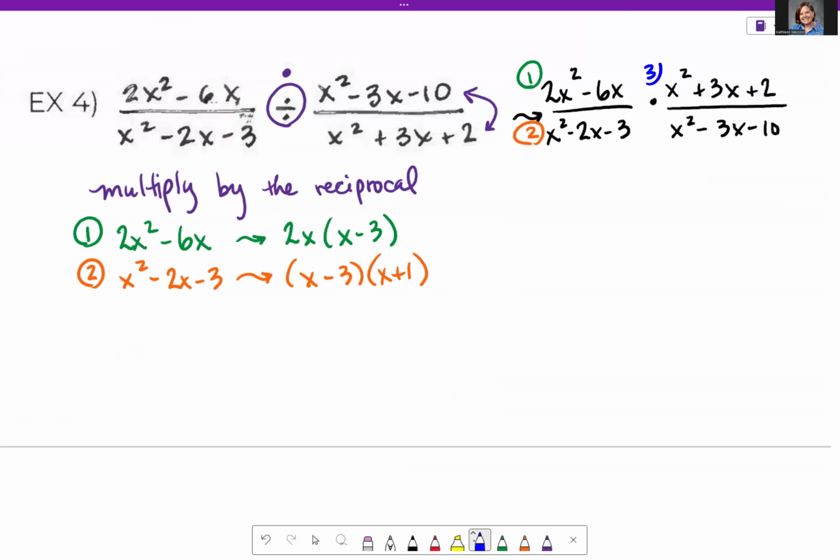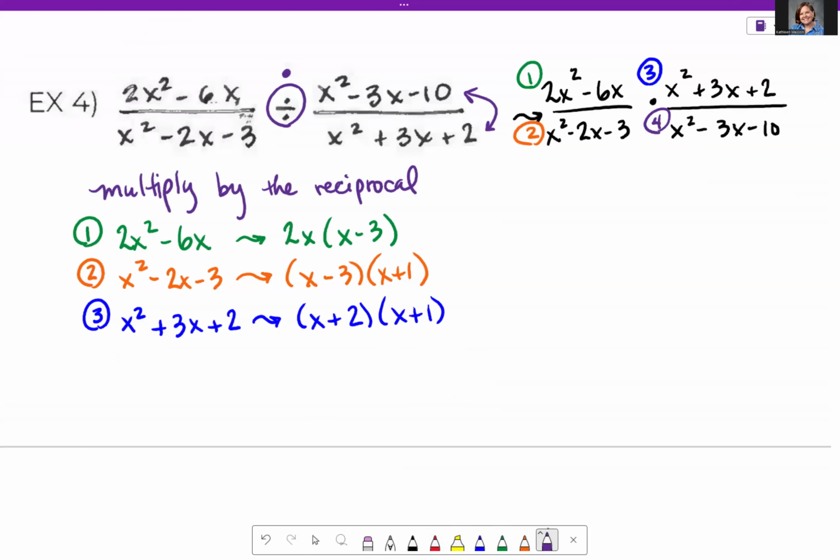I then can factor x squared plus 3x plus 2 as x plus 2 times x plus 1. And I'll factor x squared minus 3x minus 10 as x minus 5 times x plus 2.